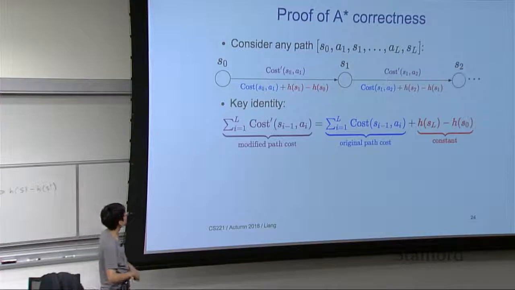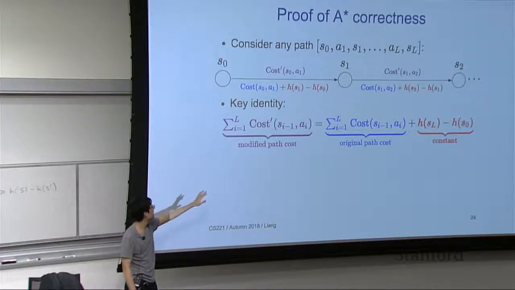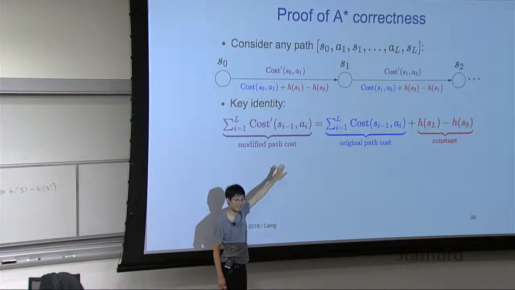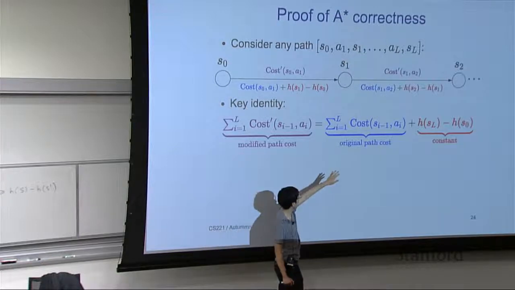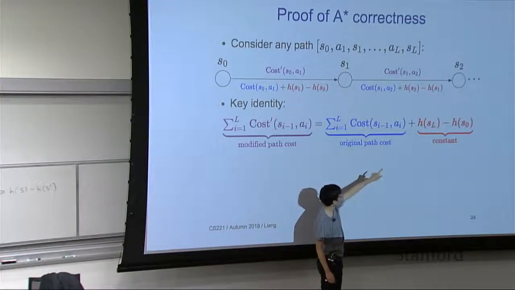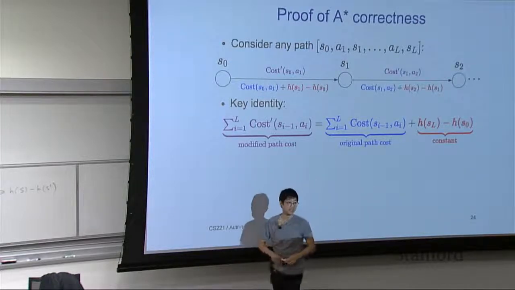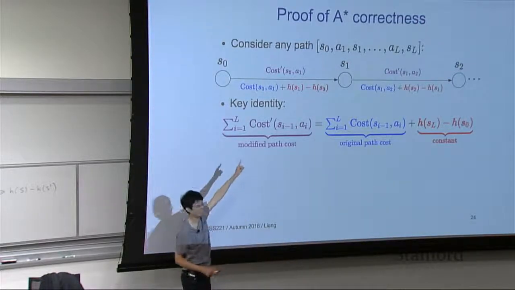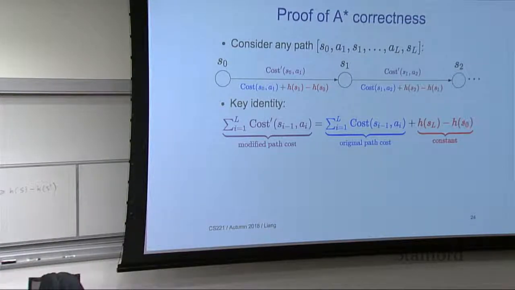So here's the big idea. If you add up the modified costs, the total cost of the path, then you get this big term right here. And that in turn equals the original costs plus the heuristic for the final state minus the heuristic for the initial state. So what happened to all the intermediate terms? They all canceled out according to what we showed right here.